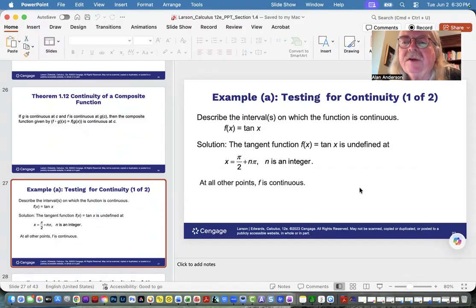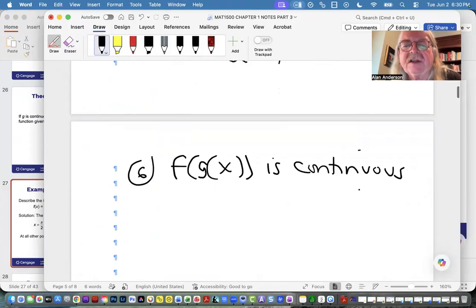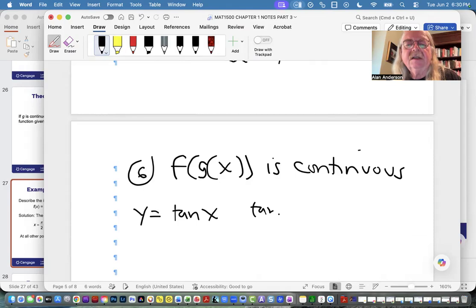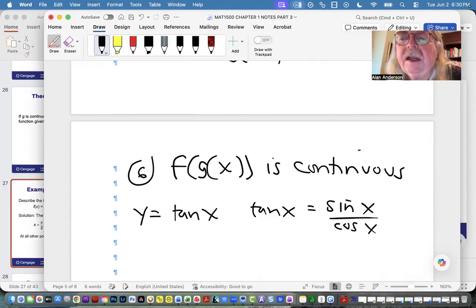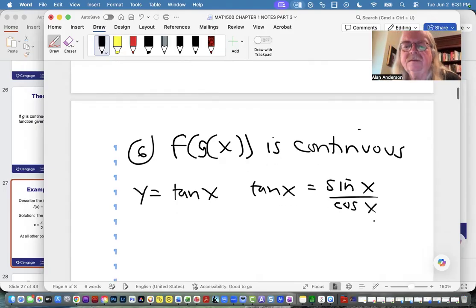So tan of x. Now we know that the tangent of x has quite a few asymptotes because, if you remember from a previous session, the tangent of x is equal to the sine of x over the cosine of x. So anywhere that the cosine equals zero, there'll be an asymptote on the graph of the tangent of x.